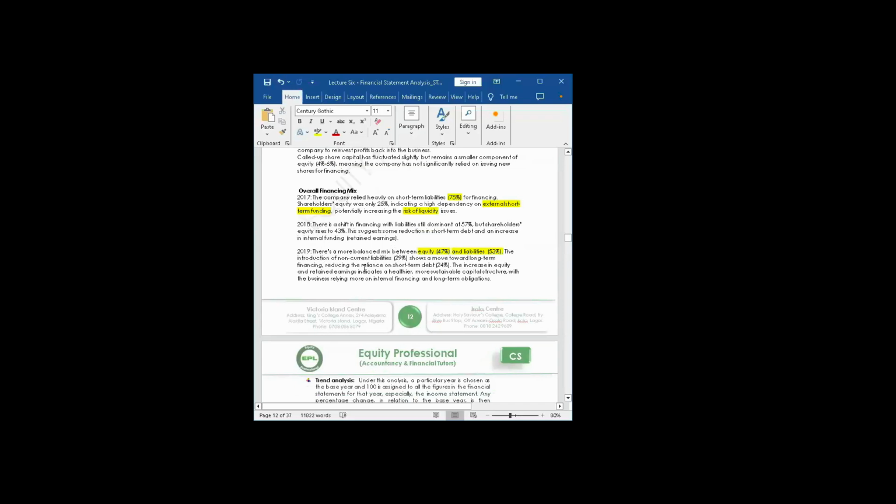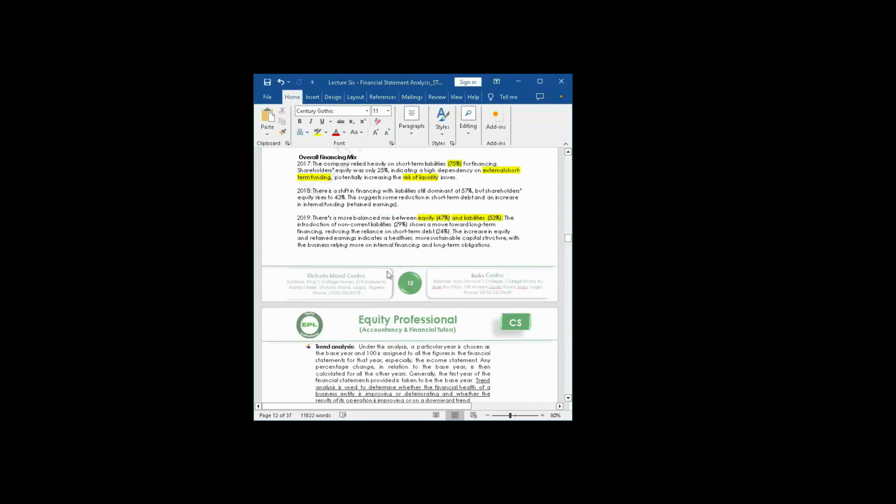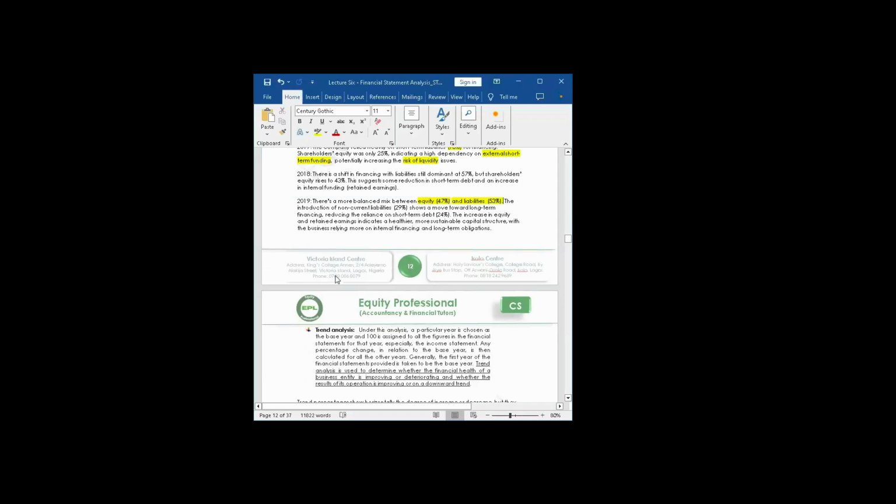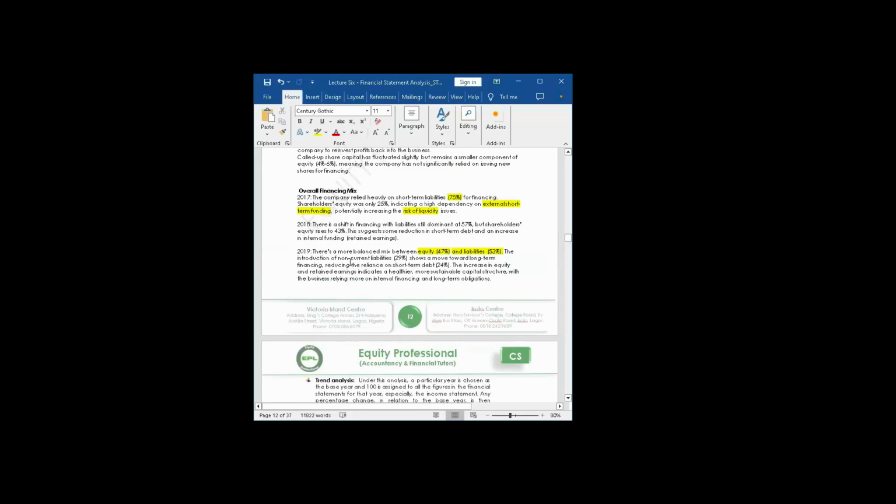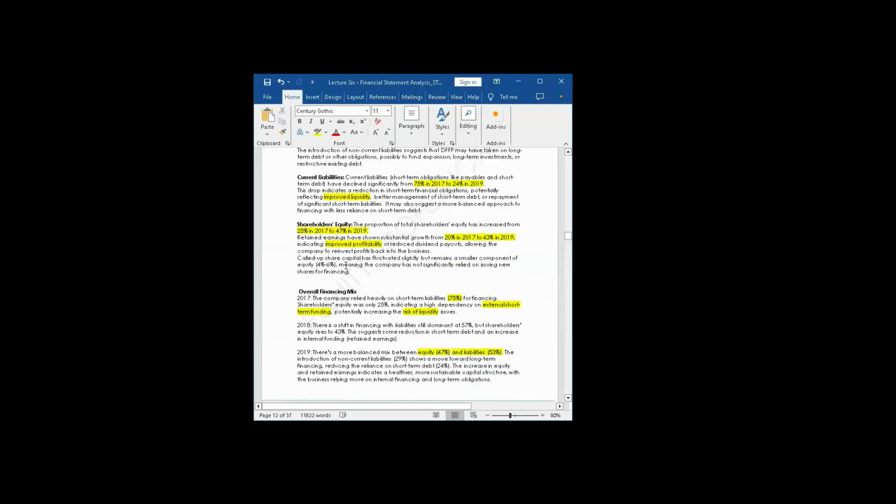And the introduction of non-current liability of 29% shows a move towards long-term financing, reducing the reliance on short-term debt. The increase in equity and retained earnings indicates a healthier, more sustainable capital structure, with the business relying more on internal financing. So that is how we can also make comment.